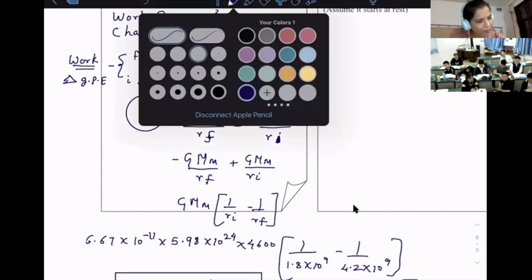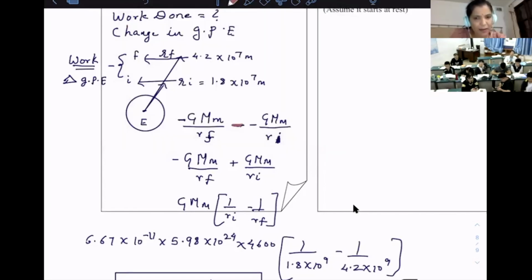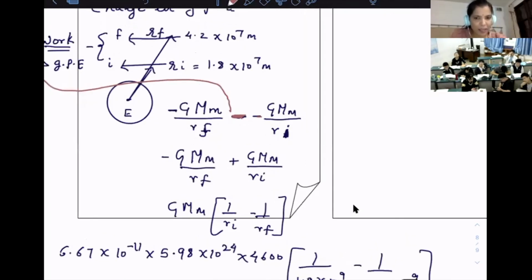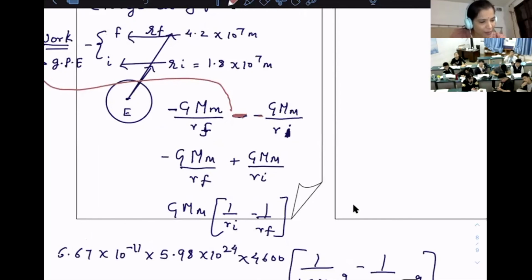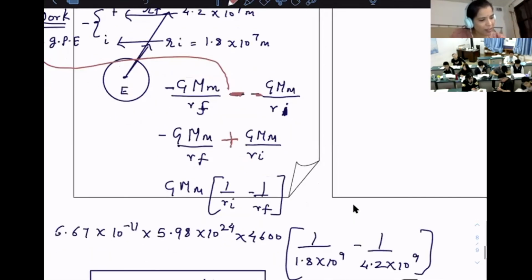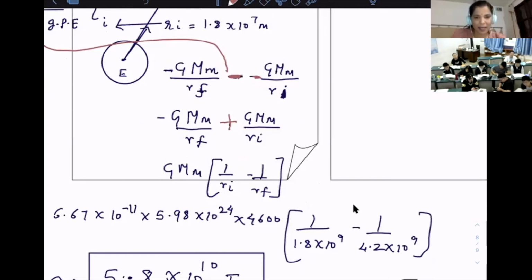And this negative sign is because of the gravitational potential energy's negative status. So this negative and this negative turn to positive. So when you invert the equation, you have to write Ri minus Rf. Just take care of these three steps.